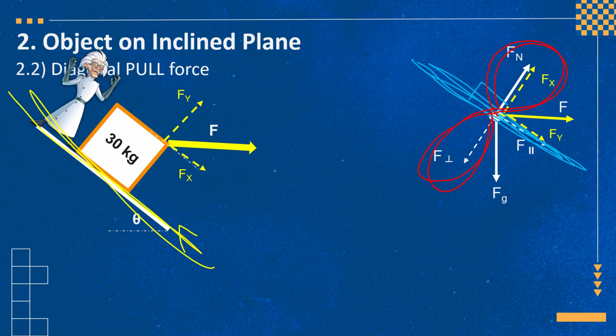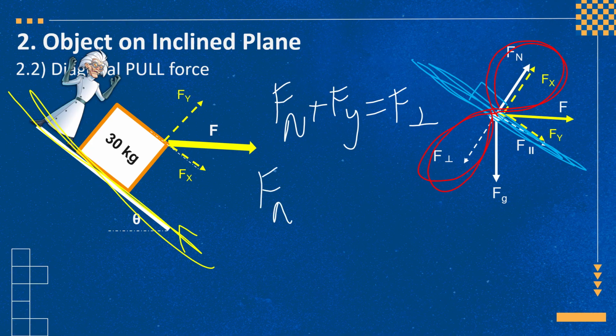Now, if we write that, it means all the forces up, which is normal force plus Fy, is equal to all the forces down, which will be F perpendicular. Now, remember, in this chapter, we are trying to create a formula to calculate F normal. So let's try and get F normal alone.